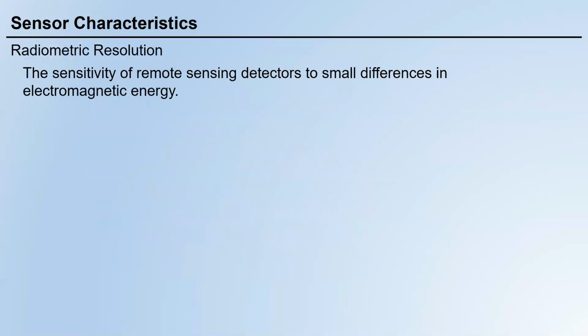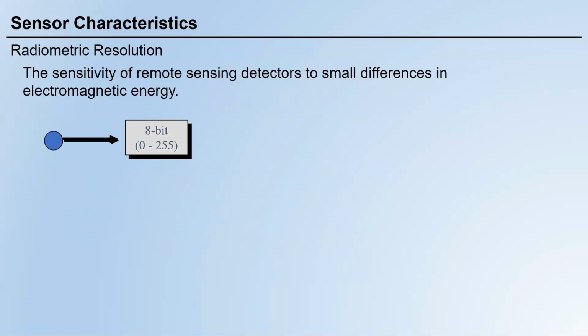So the last resolution I want to discuss here is called radiometric resolution. It is the sensitivity of remote sensing detectors or sensors to small differences in EMR. If a sensor's radiometric resolution is 256, it means that the sensor uses 8-bit mode to record data. 8-bit of what? 8-bit of binary figure.